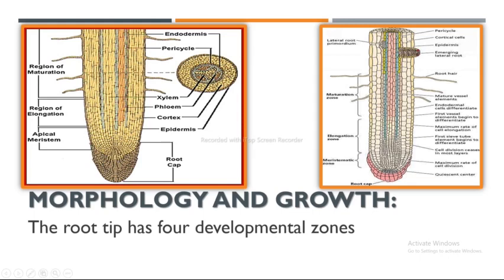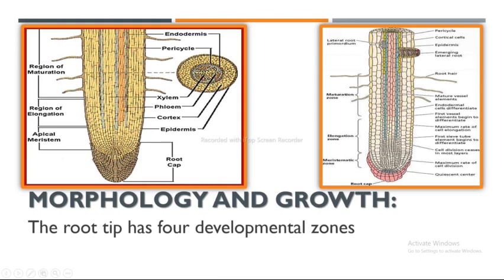And after that, there is a region of elongation. Region of elongation includes the xylem, this is phloem, and this is cortex. In the last, you can see that this is the apical meristem, and it includes the epidermis. In the last, you can see that this is root cap.